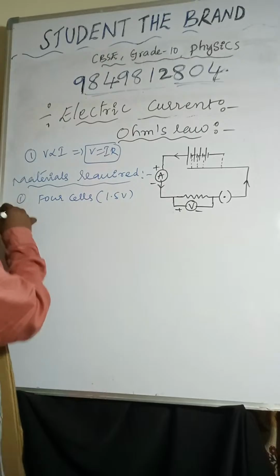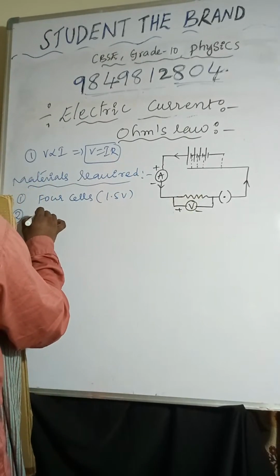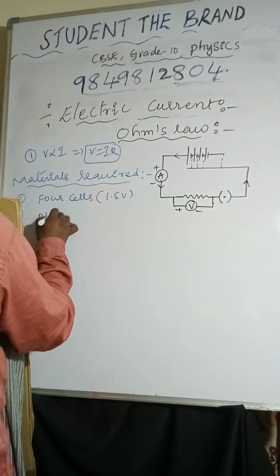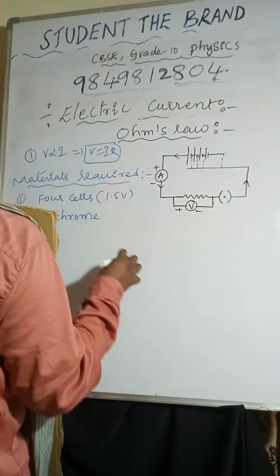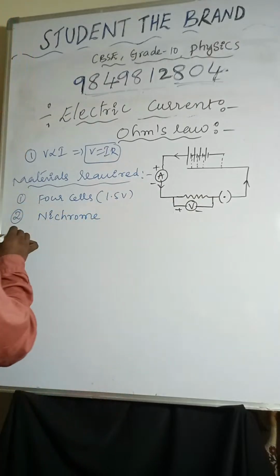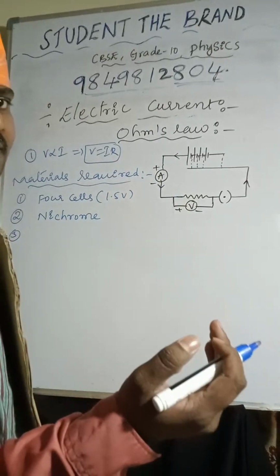And the second thing we need is nichrome wire. Nichrome wire is an alloy of nickel, chromium, manganese and iron metals.